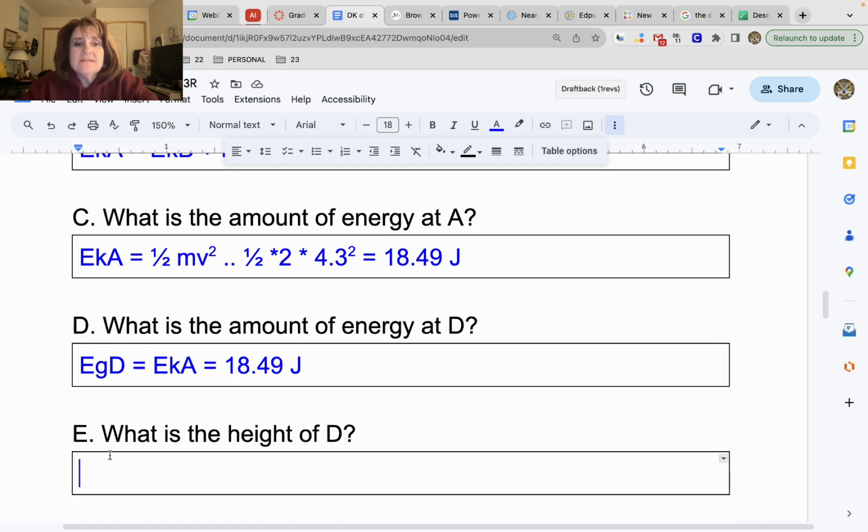Part E says, what is the height of D? So I go to my formula sheet and get my height equation. H is equal to Eg divided by m times g. And we do have to put the bottom in parentheses or use Desmos and put it in the bottom, right? So this is my Eg, the one that I just found, 18.49, divided by 2 times 9.8.